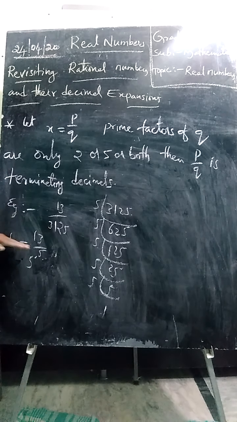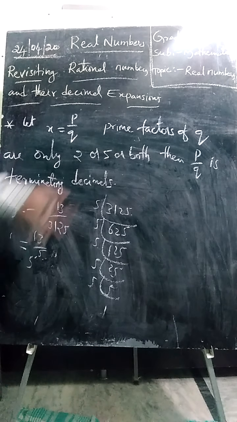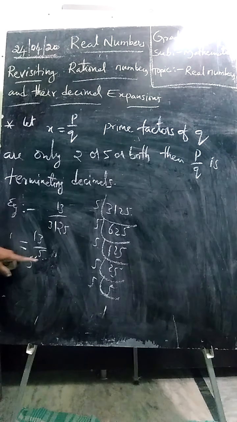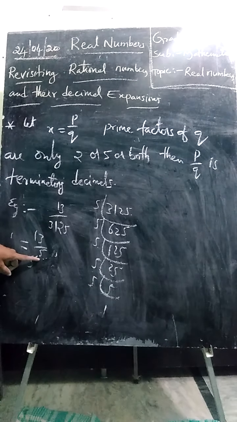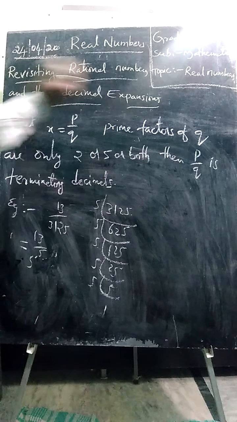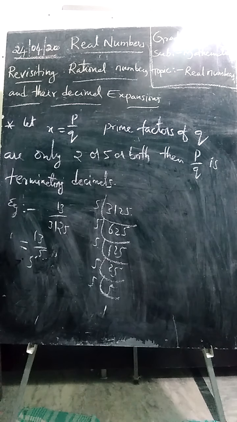See students, after factorizing the denominator, what will be the highest exponent of either 2 or 5 or both? After that many digits, the decimal point may come, I mean, from right to left of the decimal form of the digits. So these are terminating decimals.